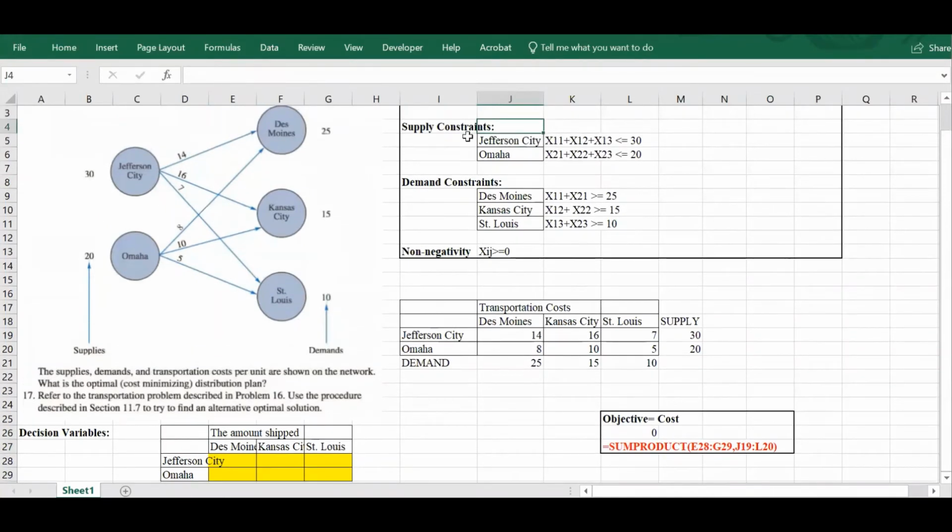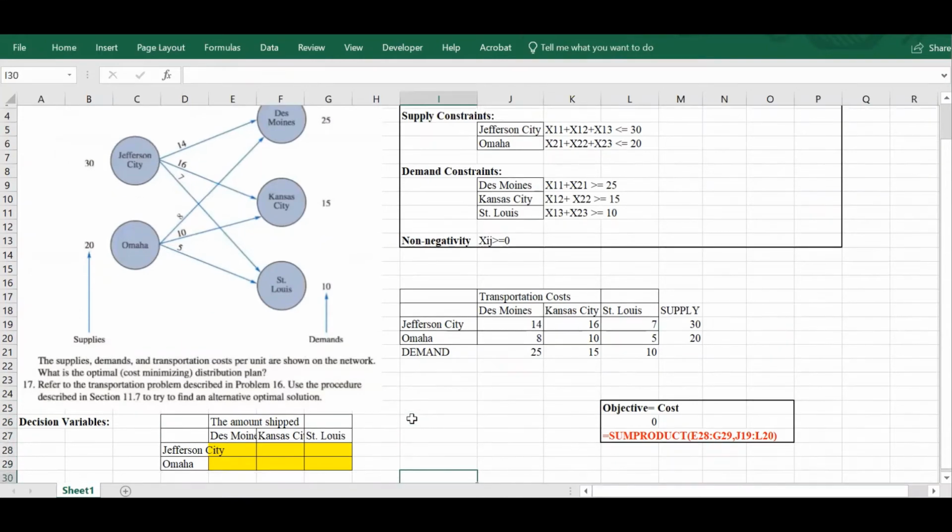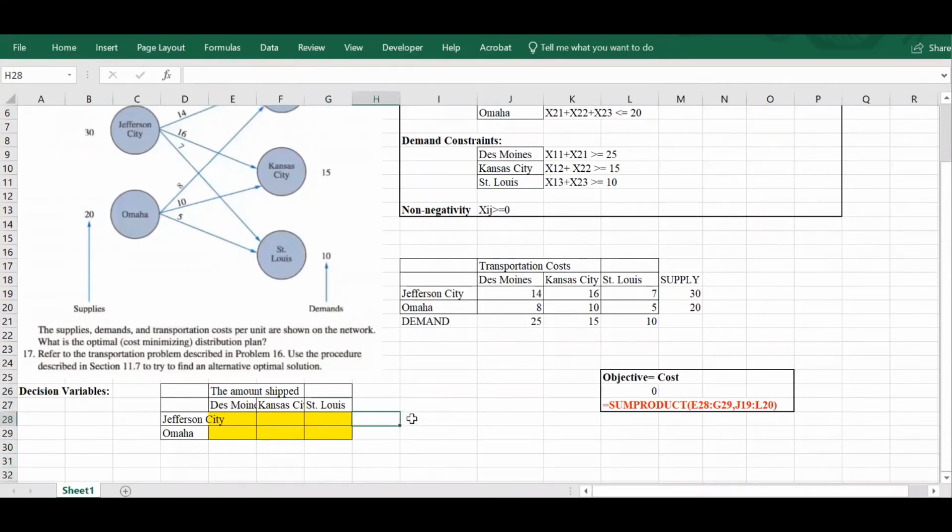So the total amount shipped from each city. So let me just write it here, shipped from, shipped to. The total amount shipped from each city would be the sum of the amount shipped to buyer 1, buyer 2, and buyer 3.